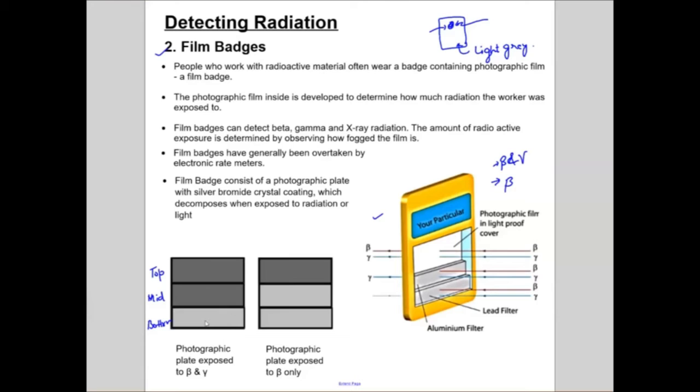Based on this type of shade difference, they would identify whether you are exposed to beta radiations, gamma radiations, or both.